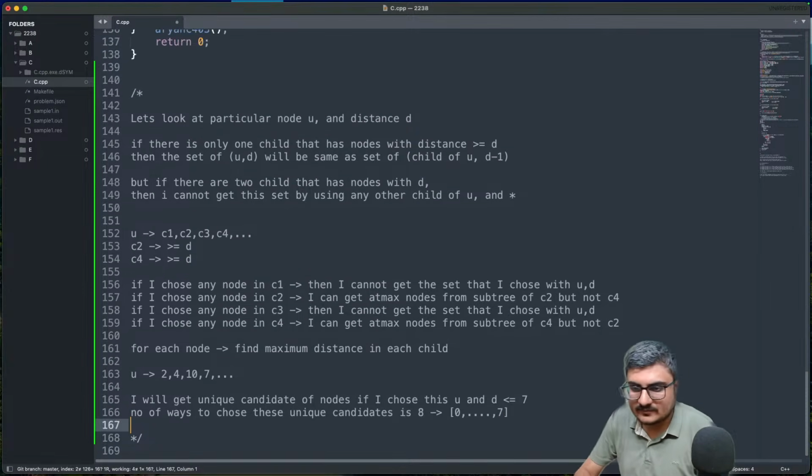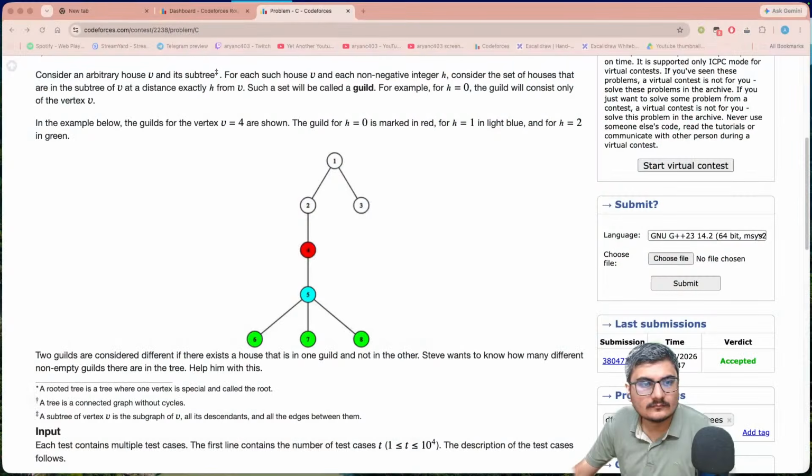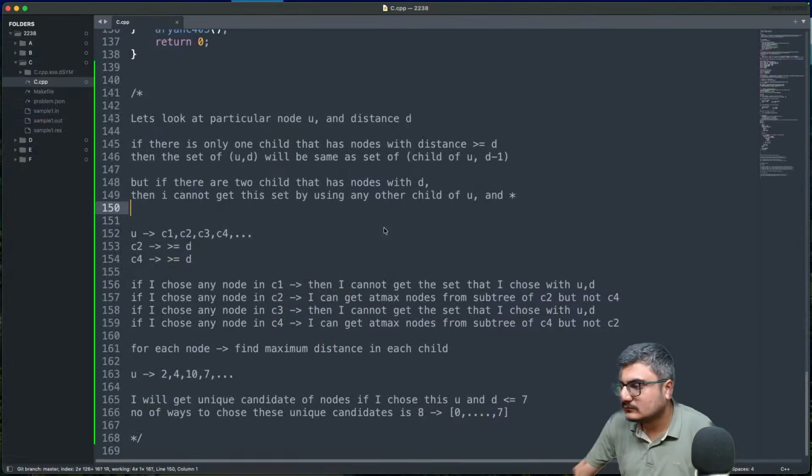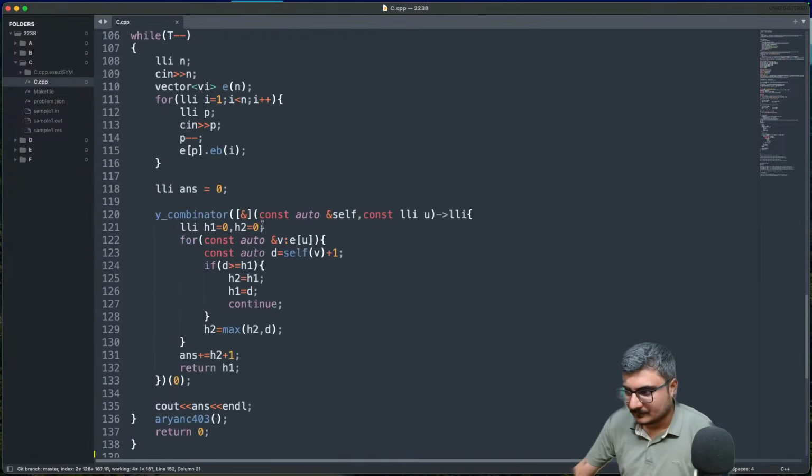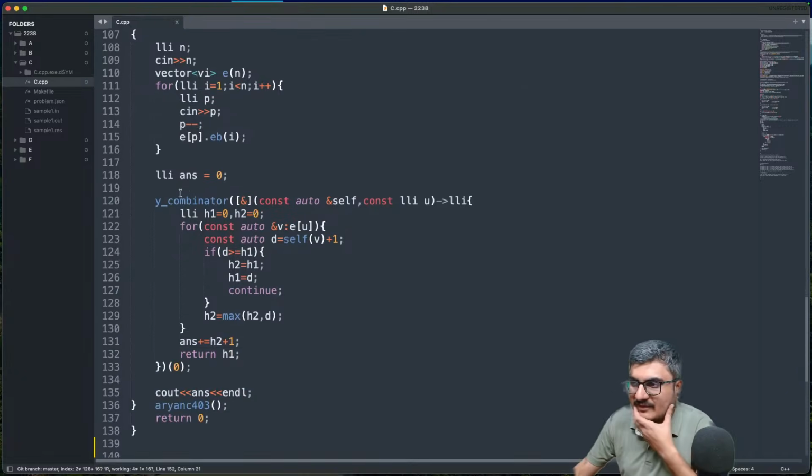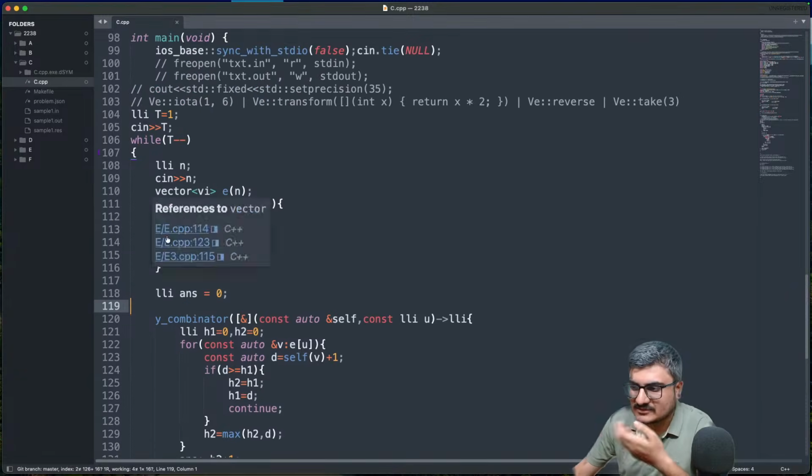Any questions, anyone on this lemma? Then we will try to solve for this problem. Now, the way to solve for this problem is DFS.